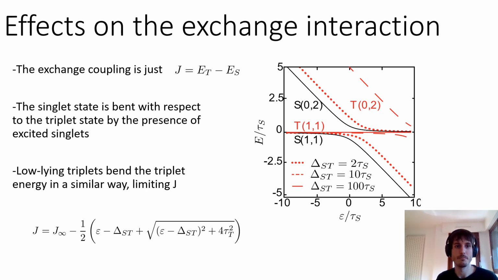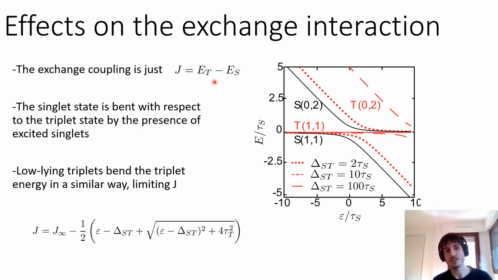Another important effect for quantum computation is the exchange interaction, which is also affected by these states. The main definition of the exchange coupling is the energy difference between the triplet state and the singlet state. And the singlet state is bent with respect to the triplet state by the presence of excited singlets, right? That is not supposed to happen to the triplet state.